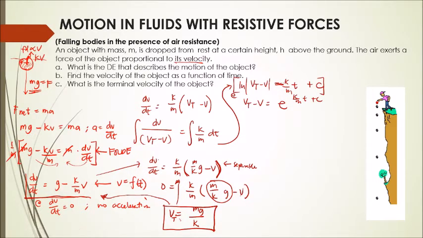Okay, so it's negative k over m. We move it over. We will have vt, then v now becomes positive, then e is negative. We have vt minus e to the negative k over m times t plus c. Or this can be written as v equals vt minus c e to the negative k over m times t.